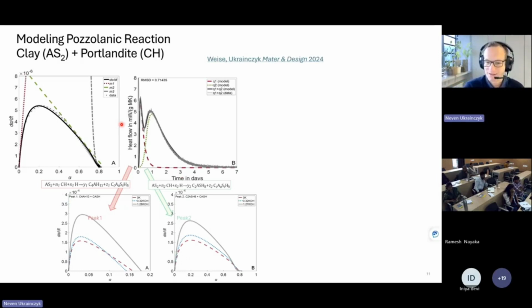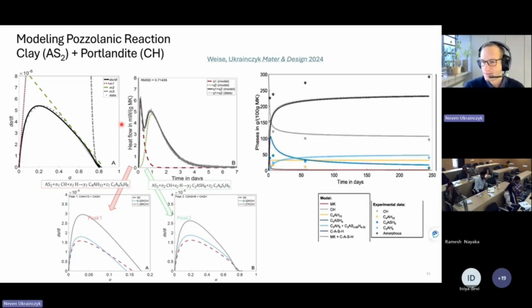Makes life easier also. And yeah, she also developed the model, and she followed how this model was written in MATLAB. So just based on the stoichiometry and these kinetics, she could predict the development of all the phases: how much metakaolin reacts, metakaolin is here, how much portlandite reacts, and how many phases are forming.